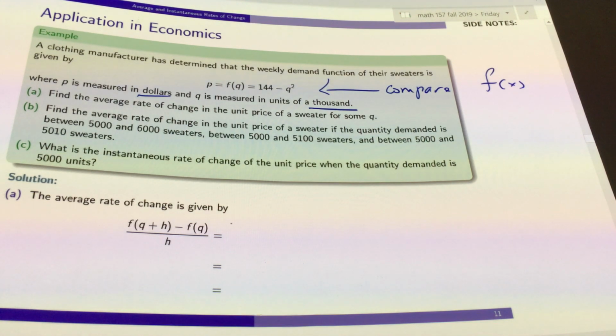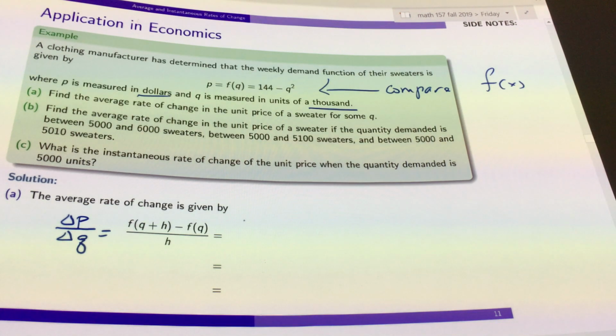What's the average rate of change? Well, you have two quantities, so this is the change of P over the change of Q. This means this is the average rate of change. If you write it in terms of this, it will be the difference quotient in my limits.